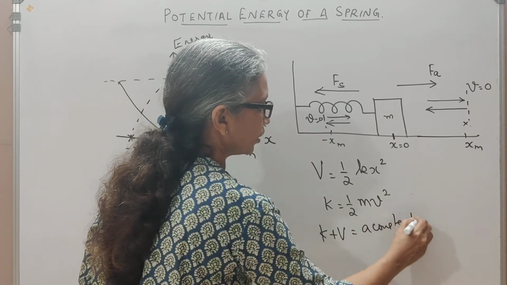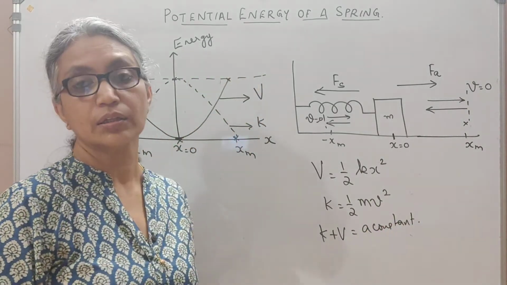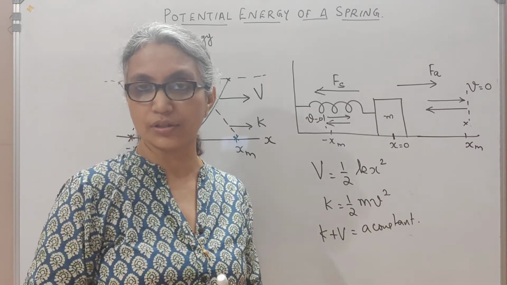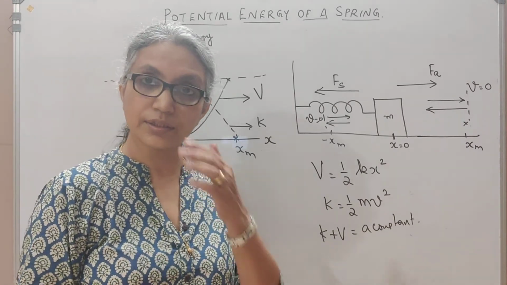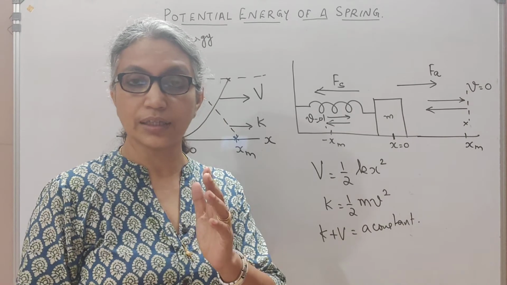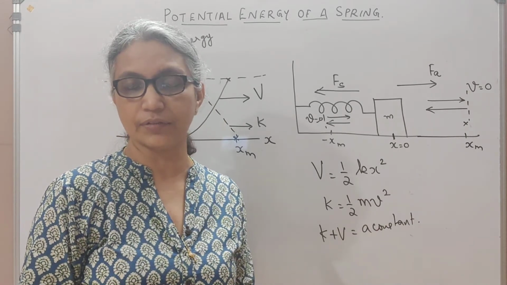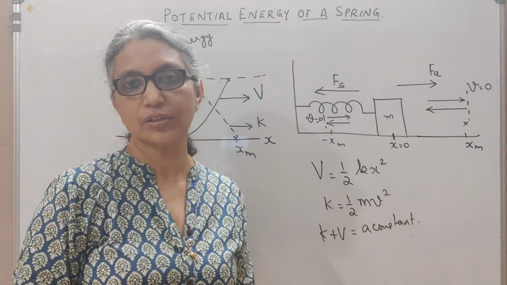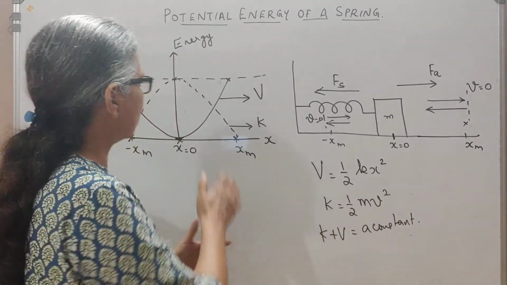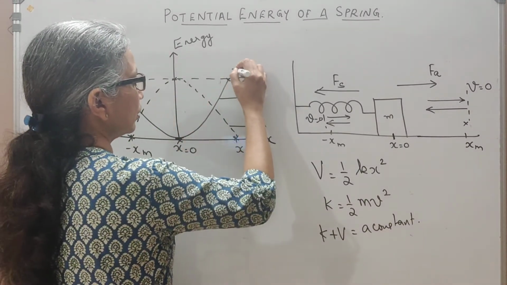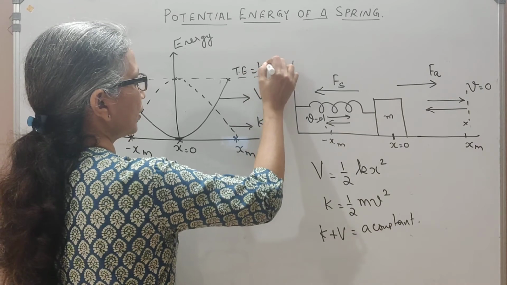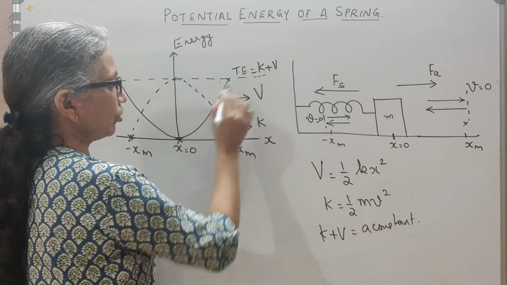Since the spring force is a conservative force, the total mechanical energy will remain constant. We did that in the last session, where we said if the force acting on a system is conservative, then the total mechanical energy is always a constant. So this will be the total energy, K plus V, given by this dotted line.